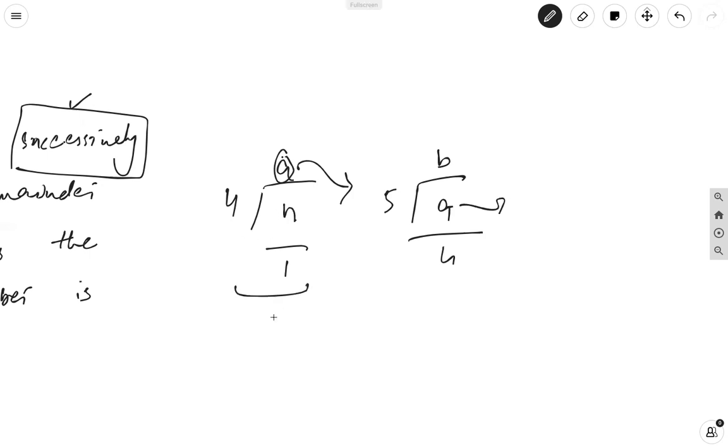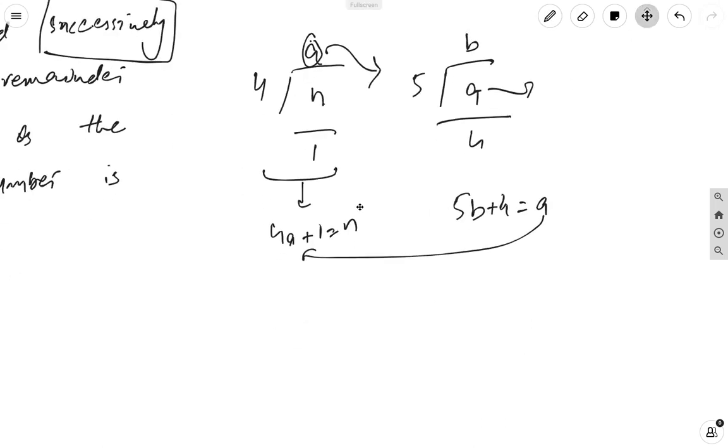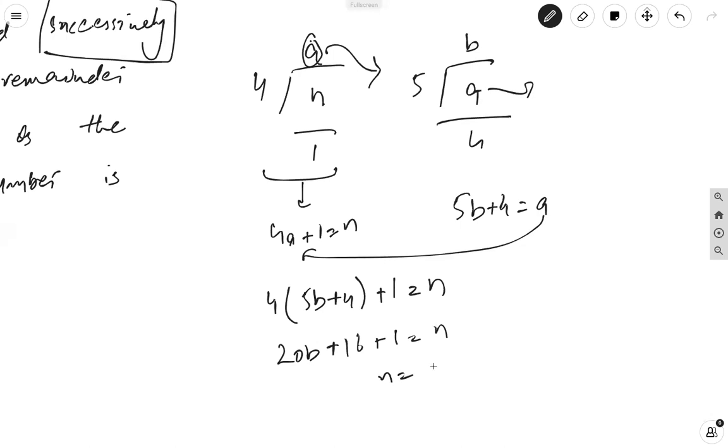So as per this question, the equation for the first is 4a plus 1 is equal to n, and the equation for the second is 5b plus 4 is equal to a. If I substitute a in this, it comes out to be 4 into (5b plus 4) plus 1 is equal to n. This is 20b plus 16 plus 1 is equal to n, and n is equal to 20b plus 17.